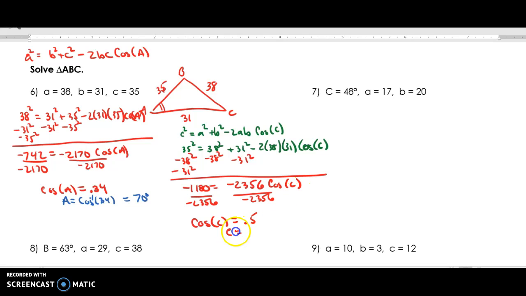So C is equal to the inverse cosine of 0.5, which is 60 degrees.